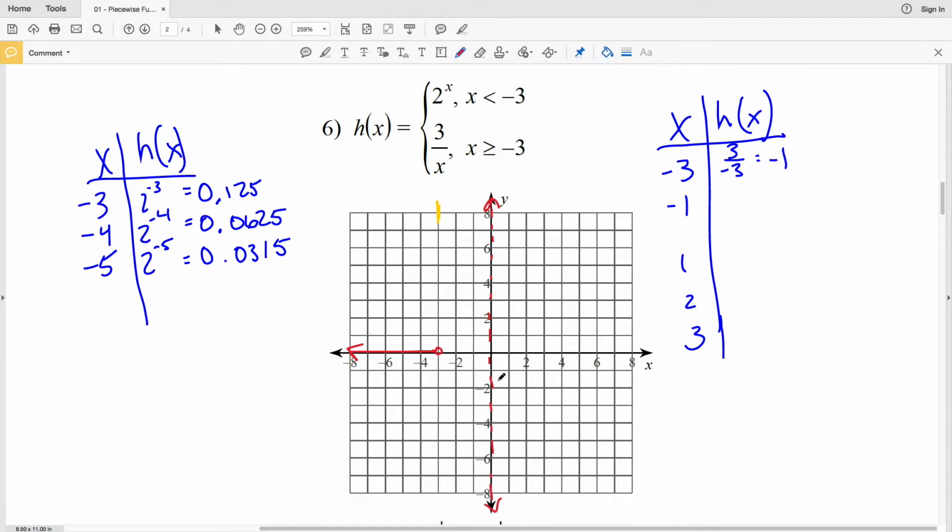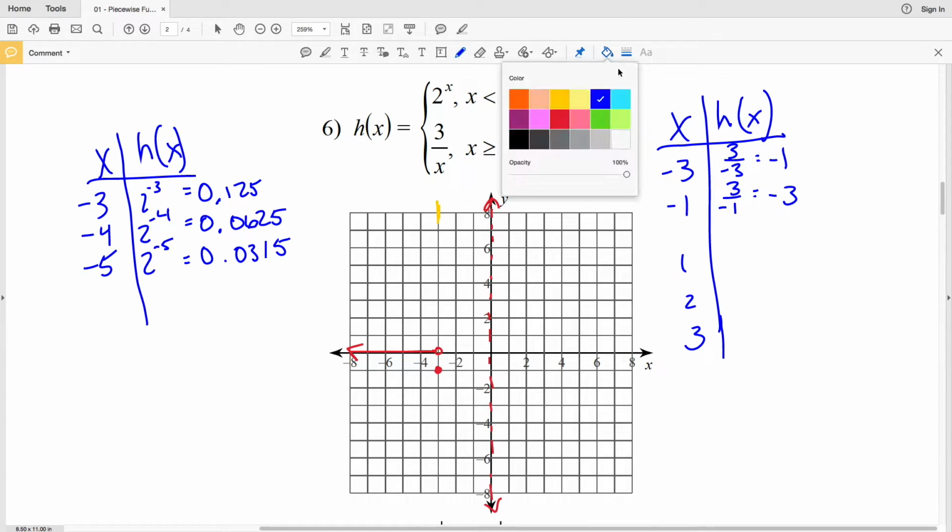So at negative 3 in the x, I'm at negative 1 in the y, and that is a solid or filled in dot or circle because that point is included within that second part of the function. Now, for negative 1, I'll have 3 over negative 1, which equals negative 3. So at negative 1, I'm at negative 3.